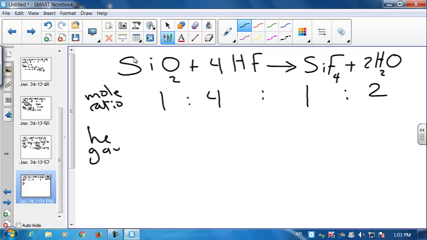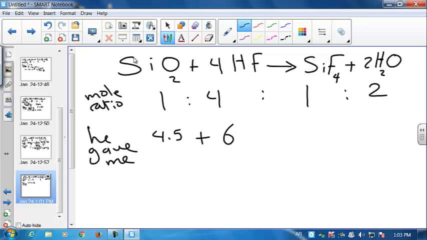Now, what he gave me? He gave me 6 moles. This example is found on page 313 in your textbook. He gave me 6 moles of hydrogen fluoride added to 4.5 moles of silicon dioxide.